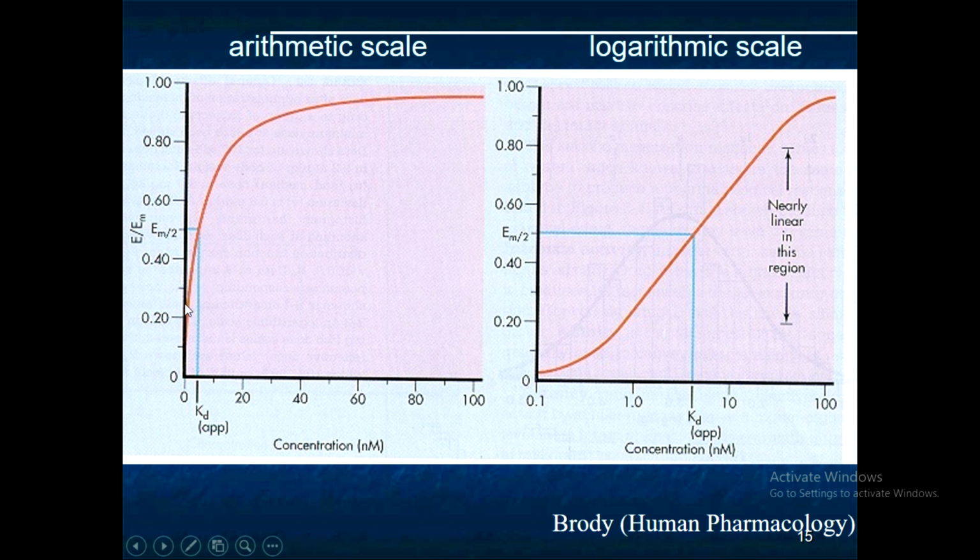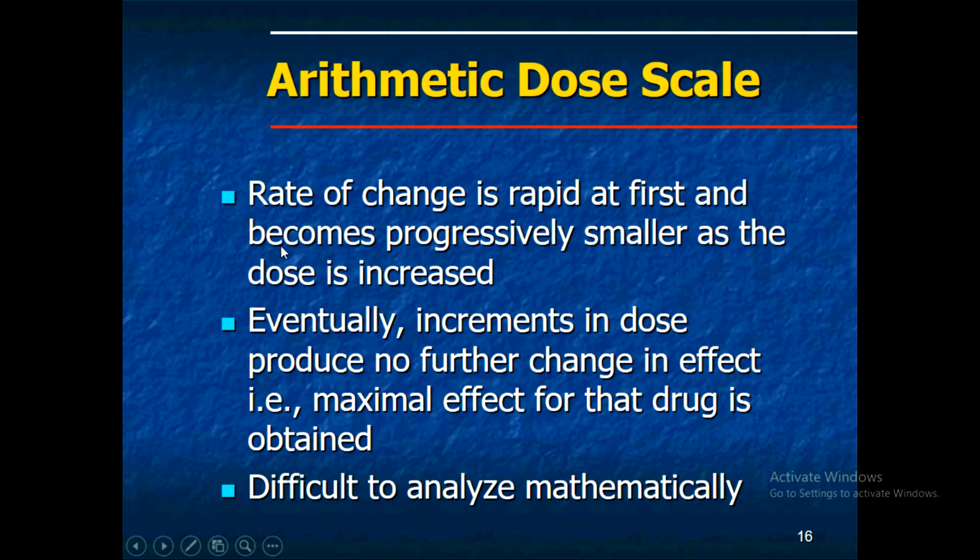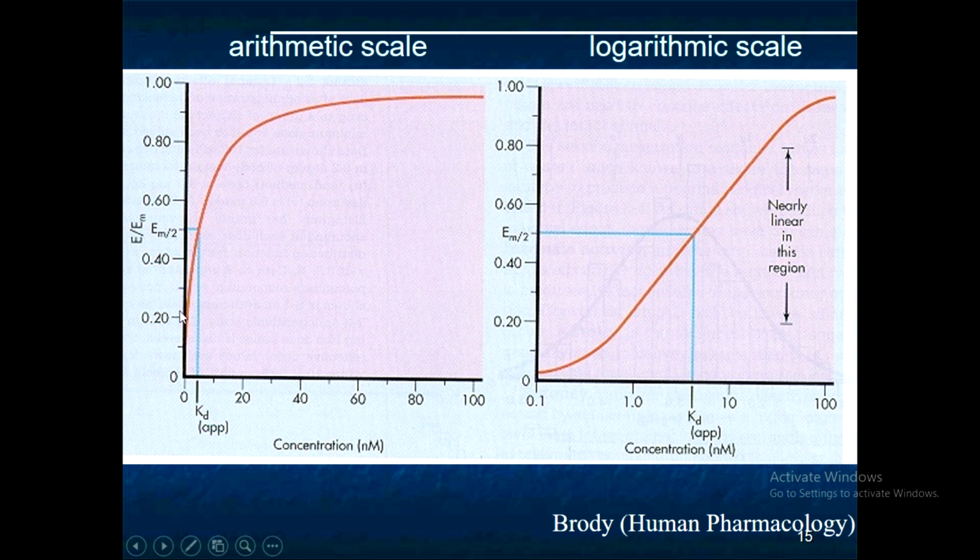You get it? That is why we have this kind of curve. Okay, let's just oppose them. Eventually, increments in dose produce no further change in effect. That is, the maximal effect for the drug is obtained. So you can see that the curve has started flattening here.